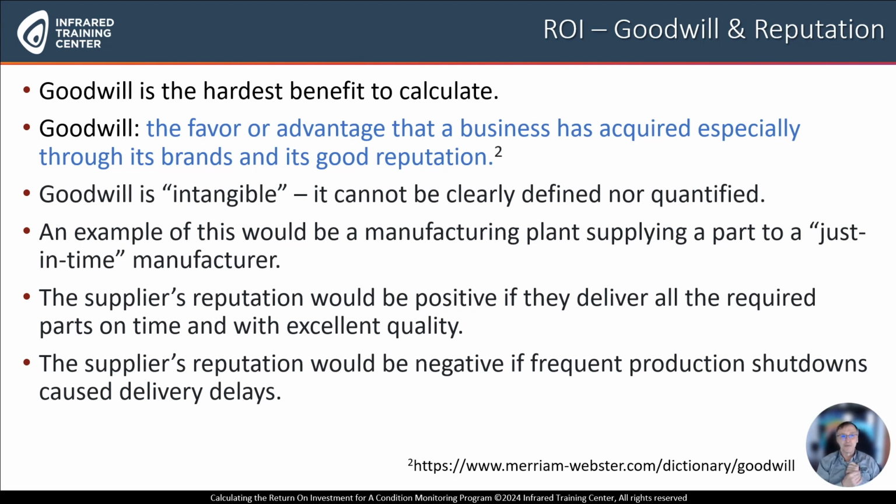Now, what is goodwill? Goodwill is the hardest benefit to calculate. And the definition of goodwill: the favor or advantage that a business has acquired, especially through its brands and its good reputation. There are many, many MBA cases presented every year on companies who did something wrong and lost their reputation.